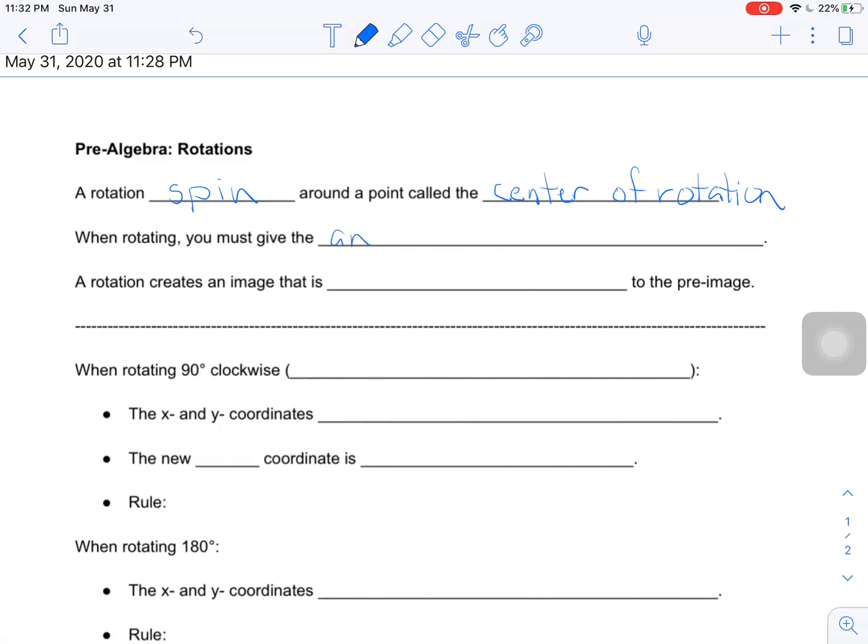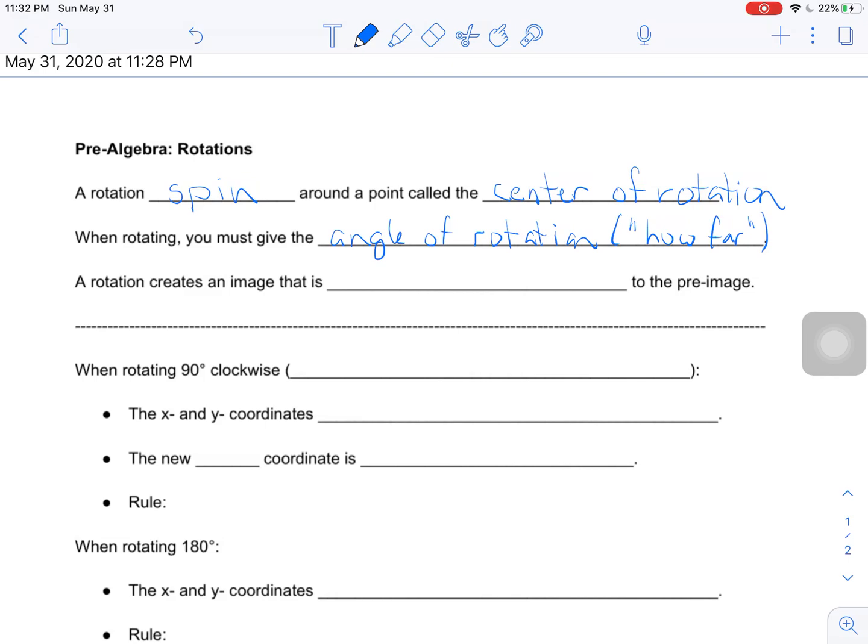And that basically is how far you're spinning, and it's measured in degrees since you're going around in a circle. So rotation is a spin. You spin around a center of rotation, and you have to give the angle of rotation, which is how far you're spinning.